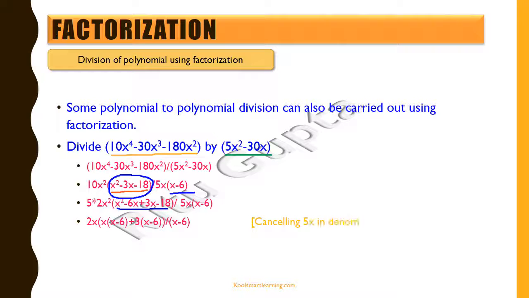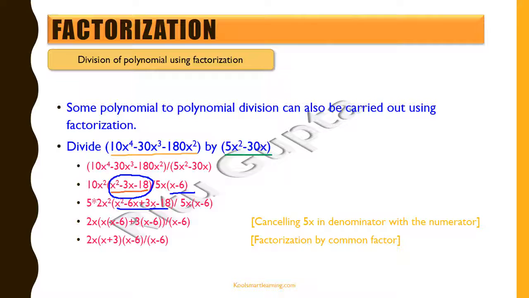Now looking at this term using the splitting the middle term method, we can factorize it into x minus 6 plus 3 into x minus 6. We're just taking the common factors out as we've discussed in the previous slides. And in this step, we've cancelled 5x from the denominator with the 5x from the numerator. So we get in the numerator 2x multiplied by this expression.